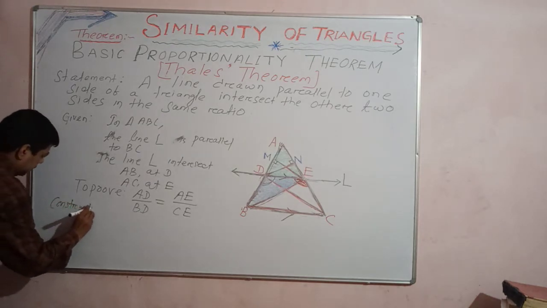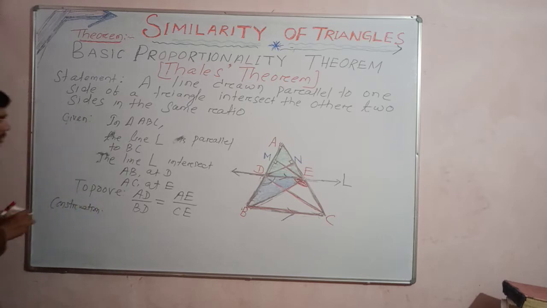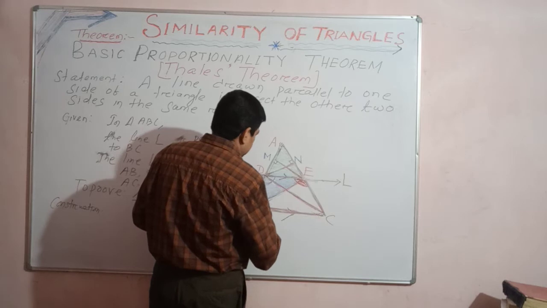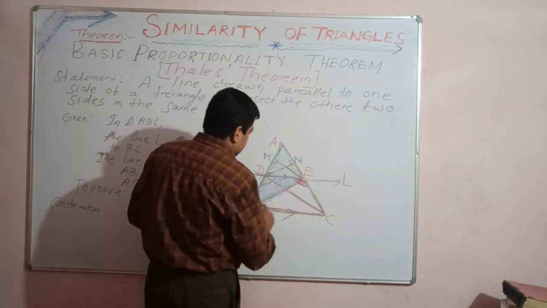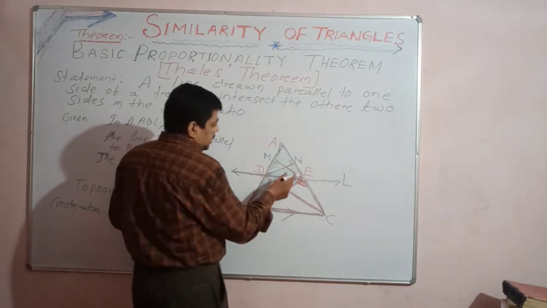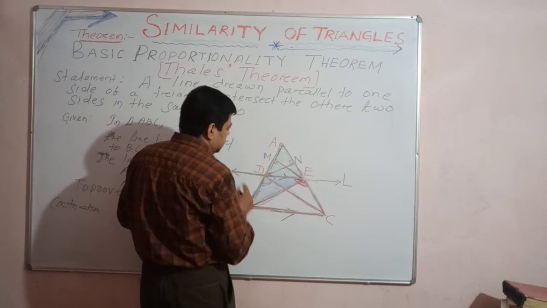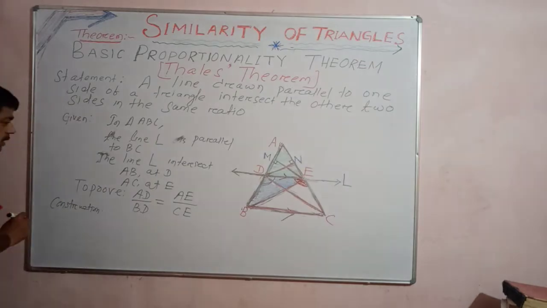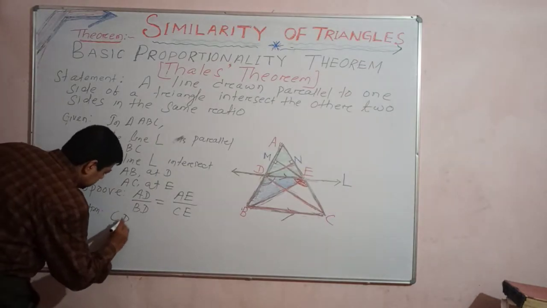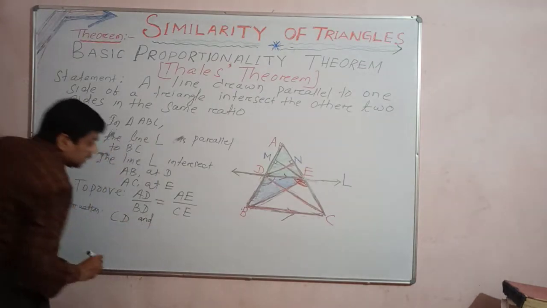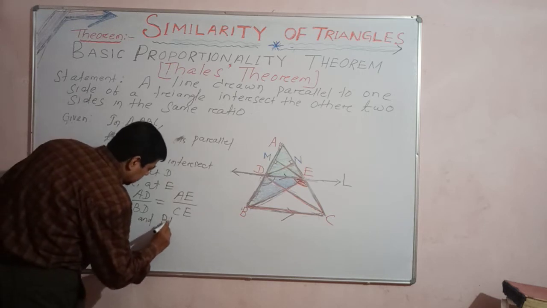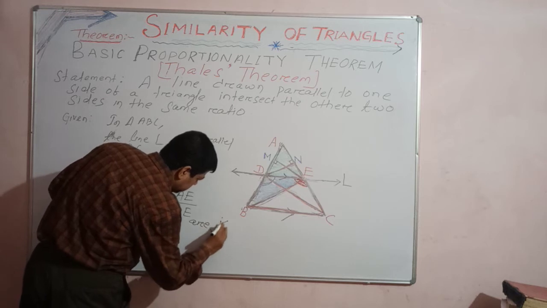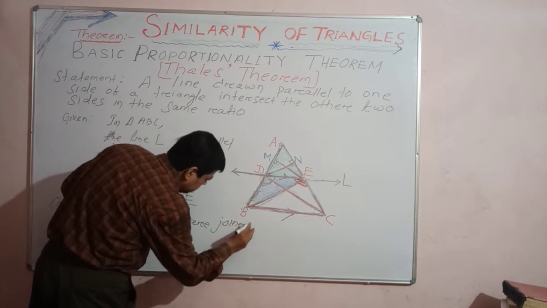For that we need the required construction. What is the construction? You have to join CD and BE. CD and BE are joined. Again, EM perpendicular to AB is drawn and DN perpendicular to AC is drawn. Let us write: CD and BE are joined or drawn.